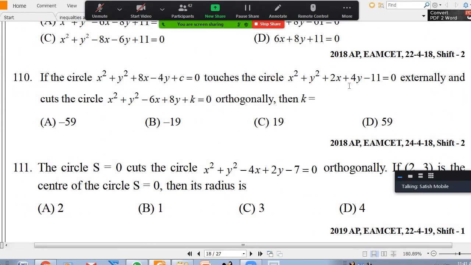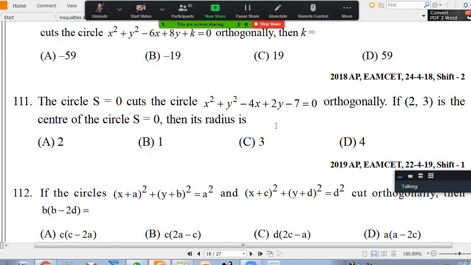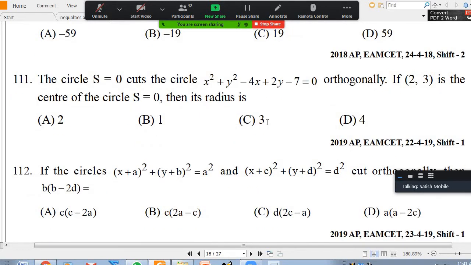If the circle touches a circle externally and cuts a circle orthogonally, we have to do it equation-wise. Question 111. Can somebody tell me how you will do question 111? Anybody? No problem. Simply find S1, the length of tangent, root S1.